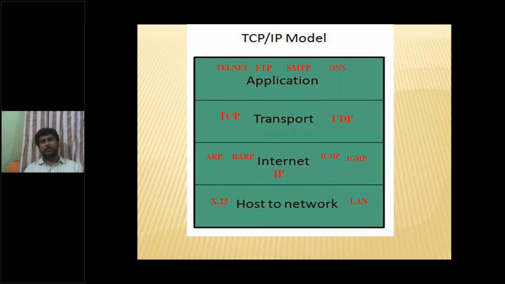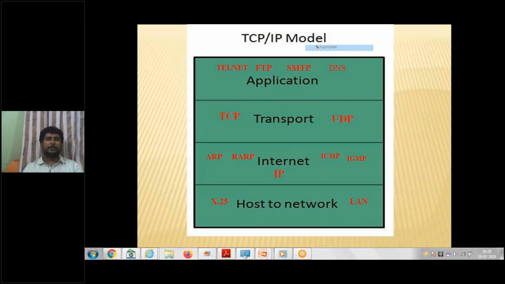As I said, here the focus will be more on the different sets of protocols used in the layers of TCP/IP. Now just look at the figure. Here you can find the letters in red color indicating the different protocols used in TCP/IP.